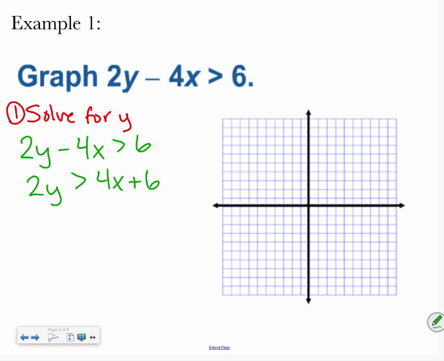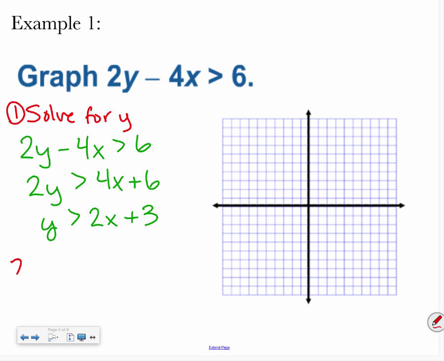And then I want to get y by itself, so I have to divide both sides by 2. So I'm left with y is greater than, then 4x divided by 2 becomes 2x, plus 6 divided by 2 becomes 3. So now y is by itself.